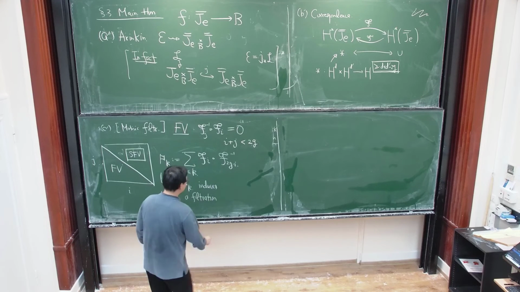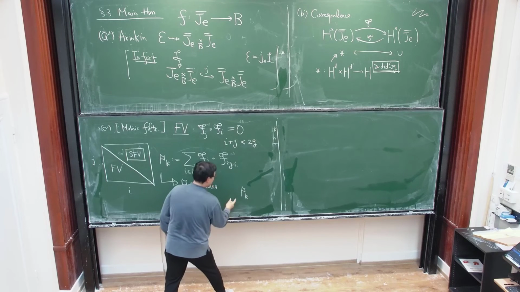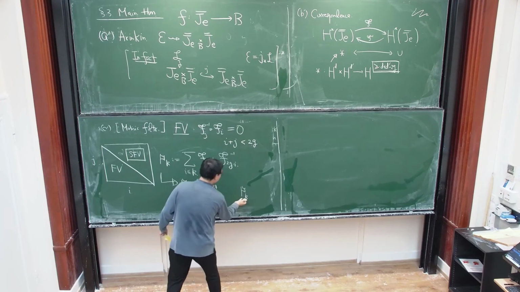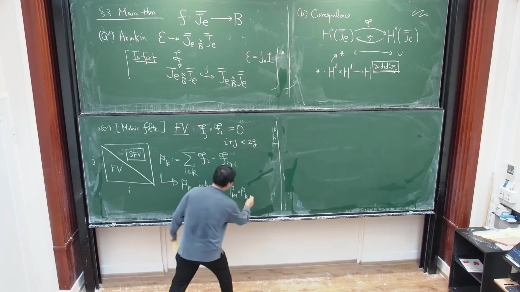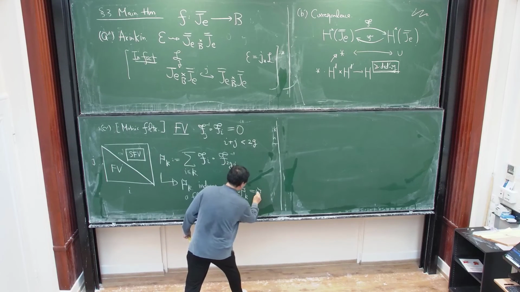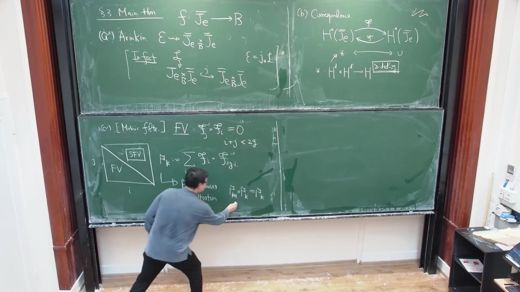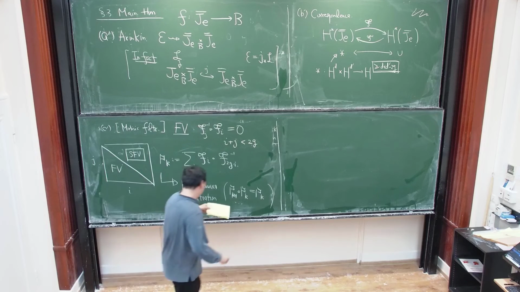For example, we can check that if you have pk, which is the projection to the k-th piece of the perverse filtration, and you compose it with k plus 1, then you can expect this is nothing but just pk.